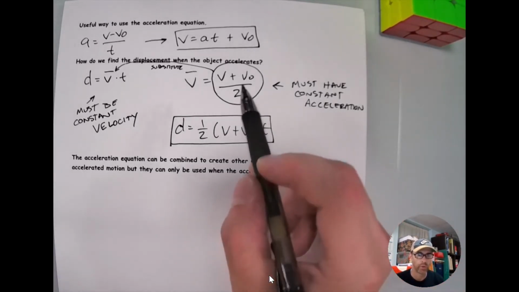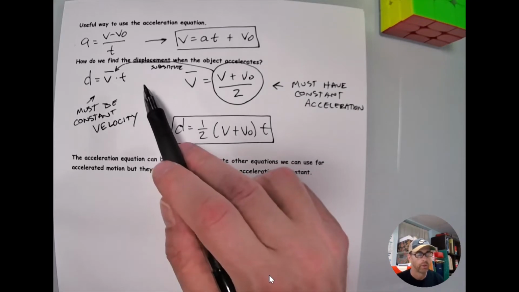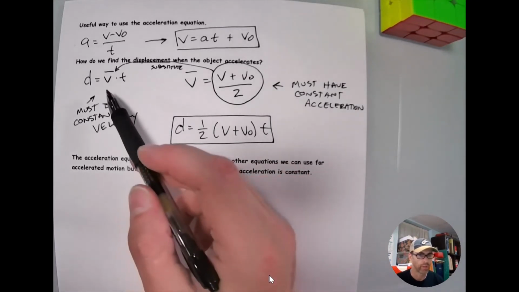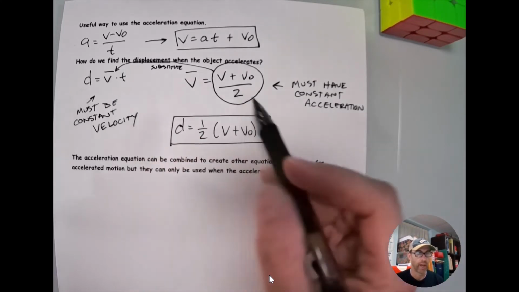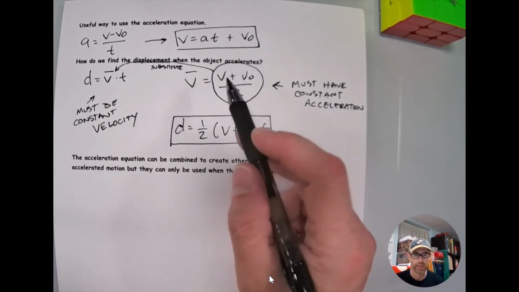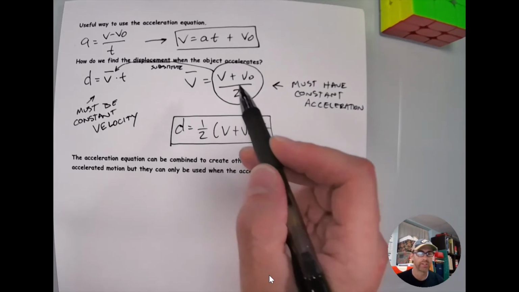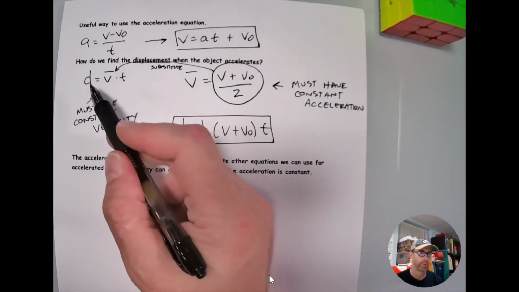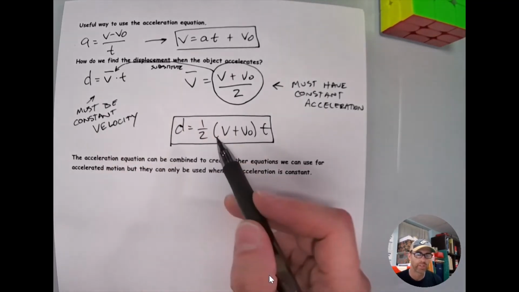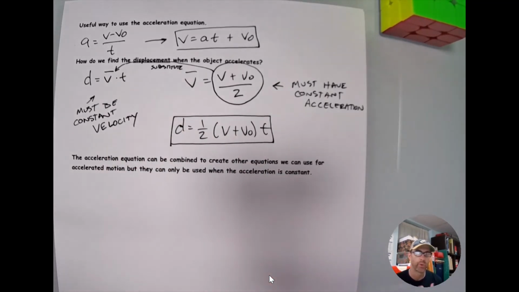Imagine that you have the two velocities and the time. You said, oh, well, for this equation, what I need is the average velocity, but I don't have the average velocity. Well, I can calculate the average velocity with the two velocities here, and then take those and plug them into this equation and multiply by the time, and then I would be able to get the displacement. But what this equation allows us to do is to do it without doing it in two steps. So instead, we only have to use one step.